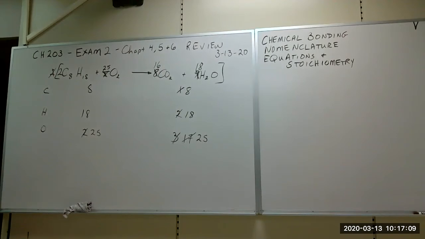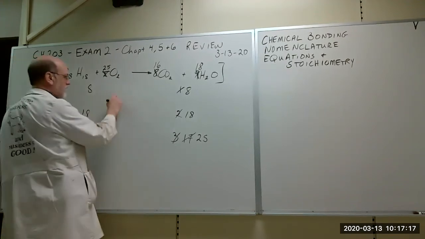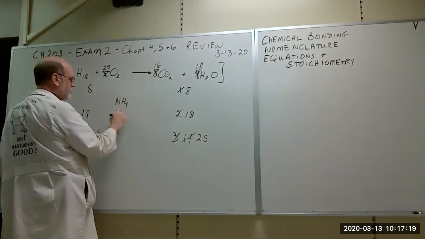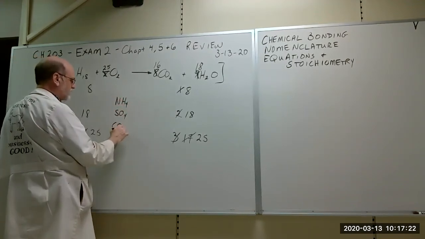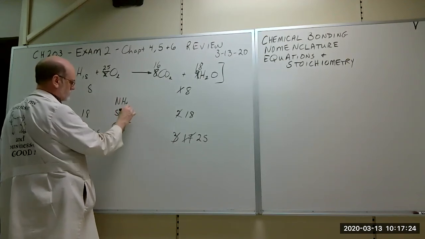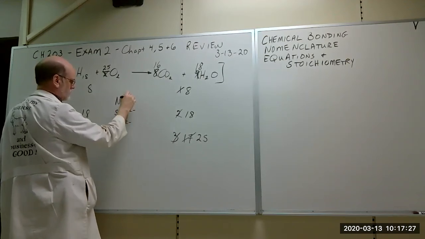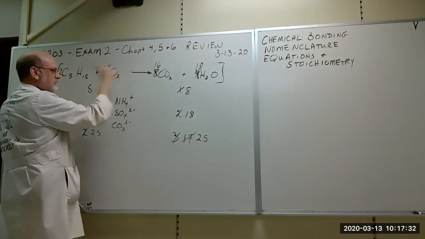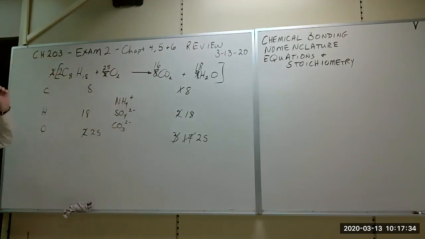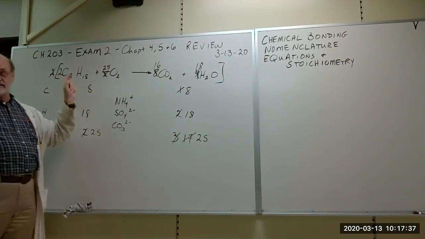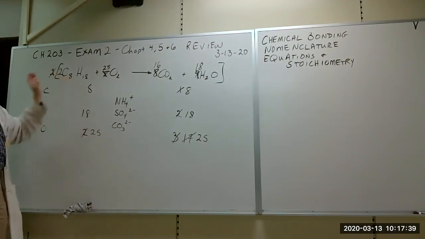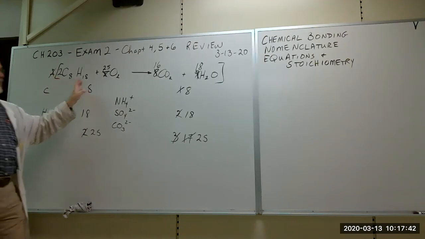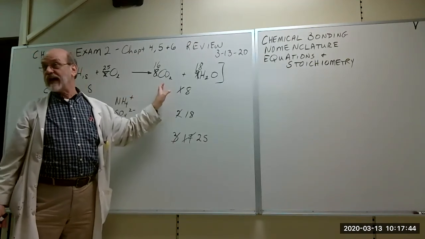The only trick that I didn't show you in this one was polyatomic ions. If you have polyatomic ions in here, like ammonium or sulfate or carbonate, and they're on both sides, and they did not break apart in the process. In other words, you don't have ammonium on this side and a nitrogen gas molecule on that side, right?